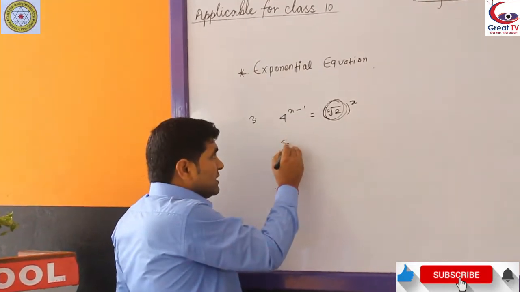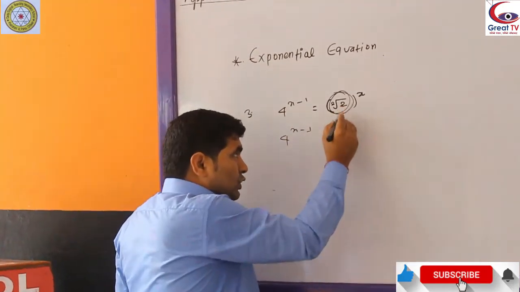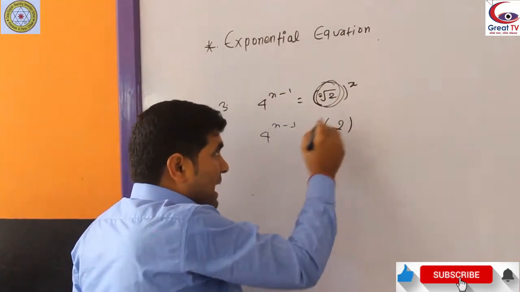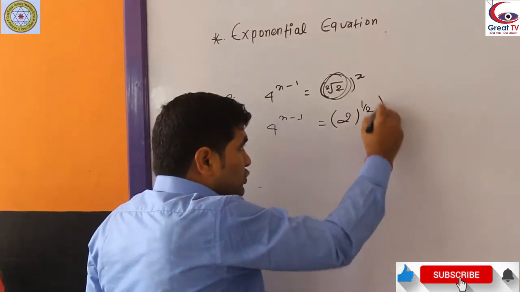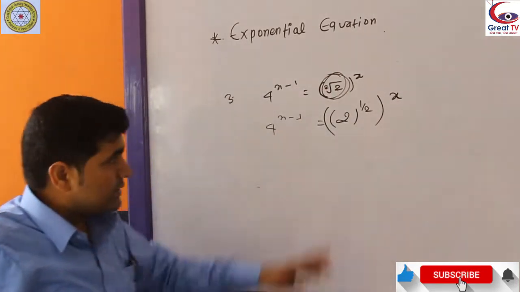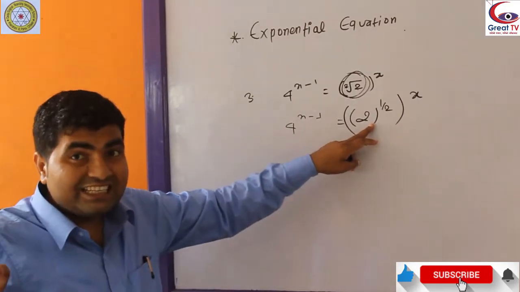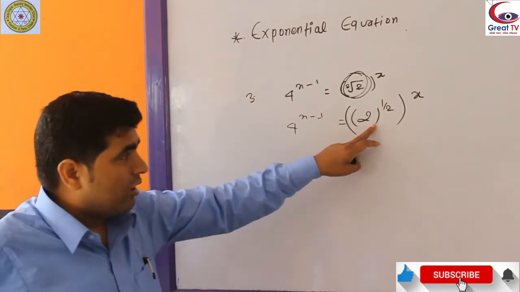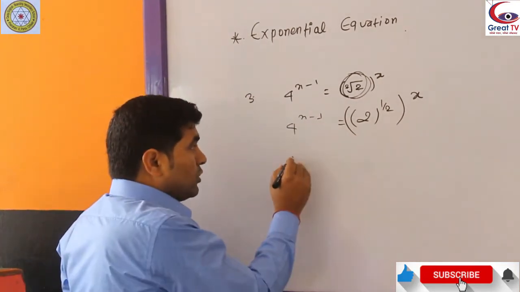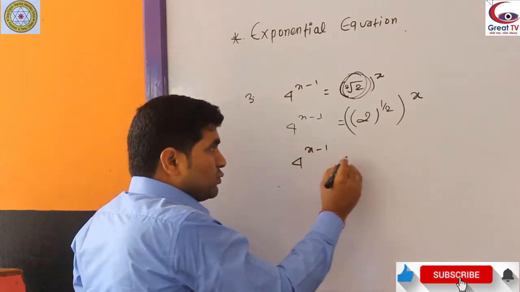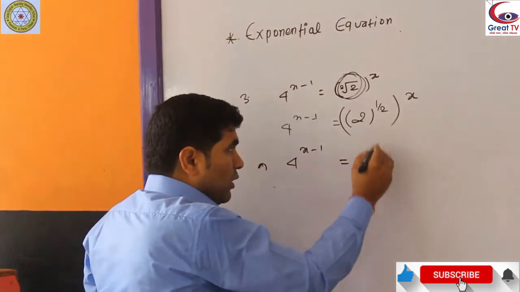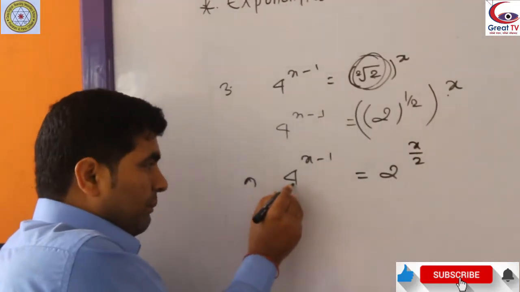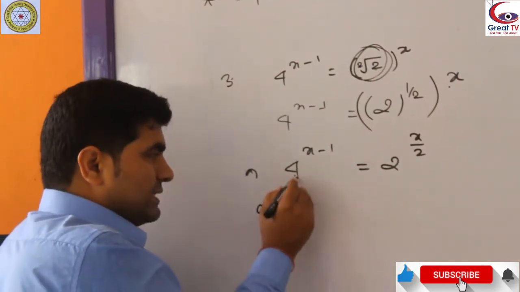So first, 4 power x minus 1 equal to root 2. When this radical is changed into an exponent or power, that means 1 by 2, whole power x. You already studied this in the laws of indices, the root law of indices. Now we have 4 power x minus 1 equal to 2 power, the powers multiply together, x divided by 2. Now make 4 as 2 squared.